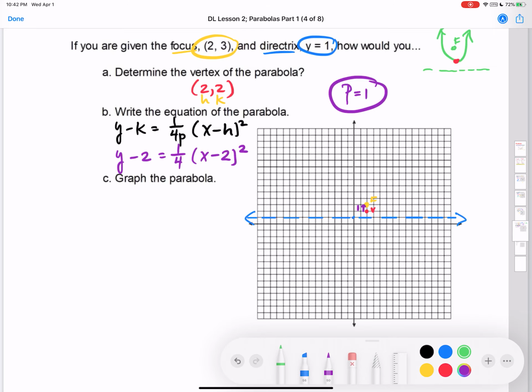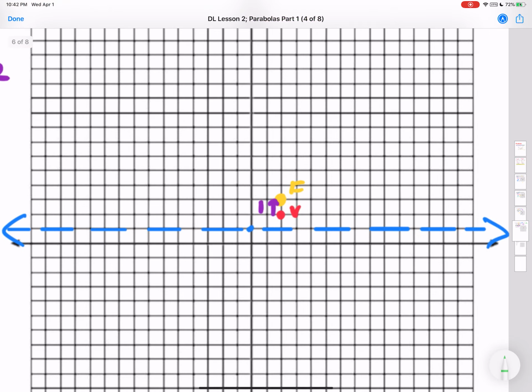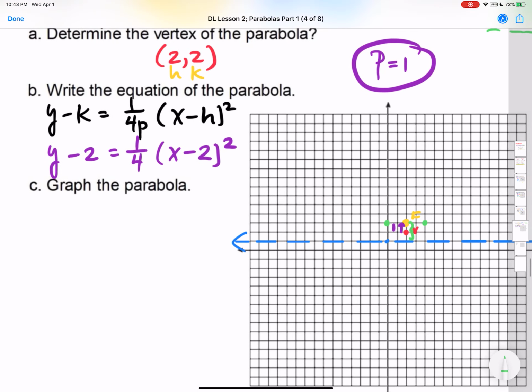Okay, so let's go ahead and finish up with the rest of our graph here. I'm going to go ahead and draw the rest. And again, to draw the rest of my graph, I want to know the distance from the focus to the directrix, and that's obviously 2 units. I'm going to go 2 units to the right from the focus, 2 units to the left from the focus. We could also use our denominator to find more points.